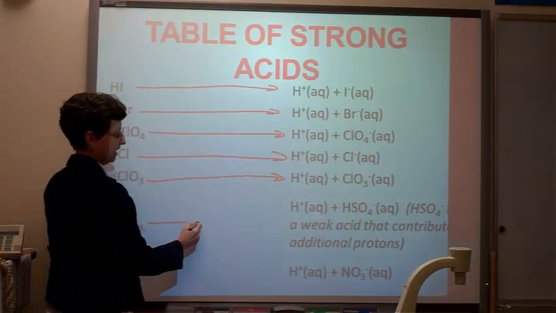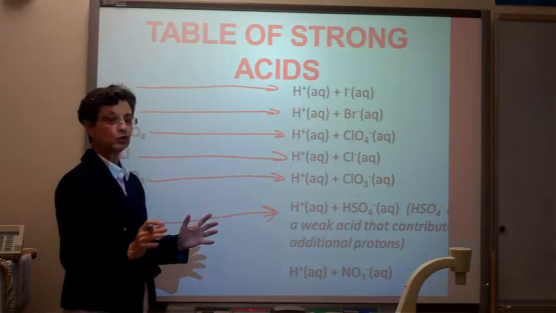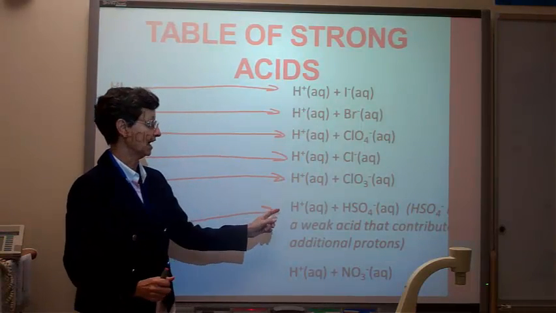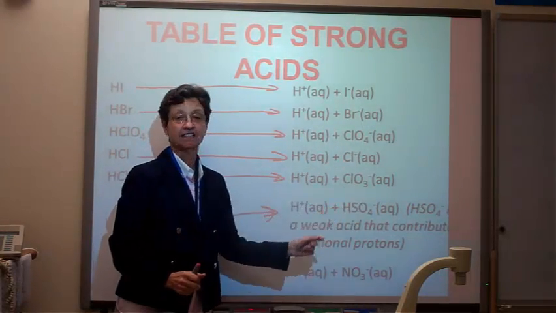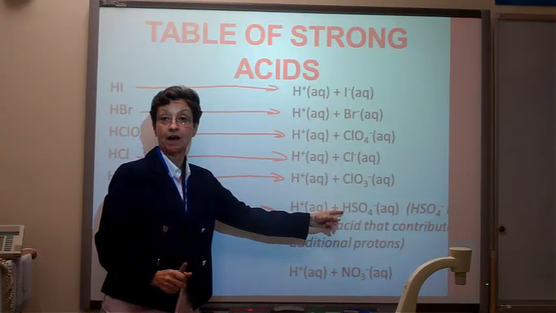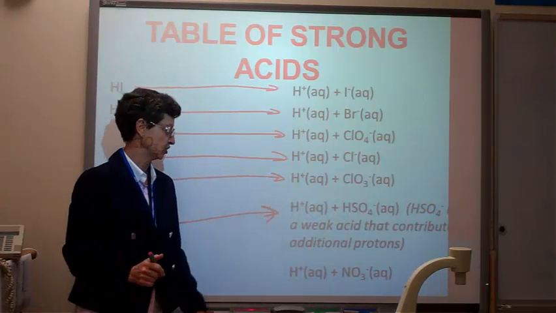And finally, H2SO4. That's a little unusual because first you have the dissociation of one of the ions and then a second ion possibly. But one of the hydrogen ions stays with the SO4, at least initially.